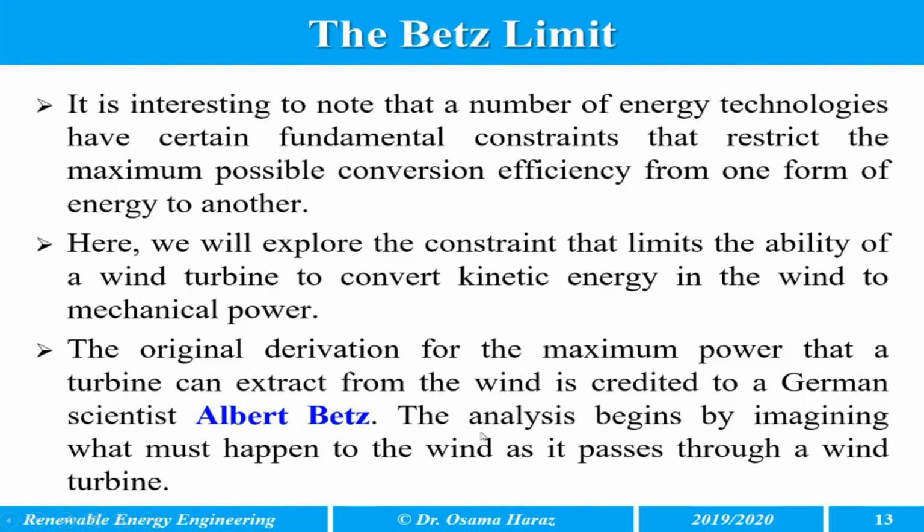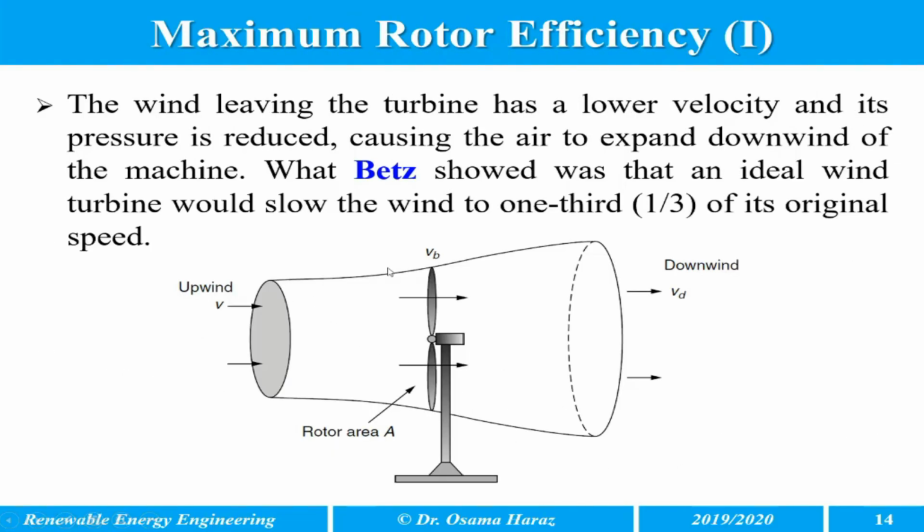The analysis begins by imagining what must happen to the wind as it passes through a wind turbine. This figure shows that the wind leaving the turbine has a lower velocity and its pressure is reduced, causing the air to expand downwind of the machine. What Betz showed was that an ideal wind turbine would slow the wind to 1/3 of its original speed.